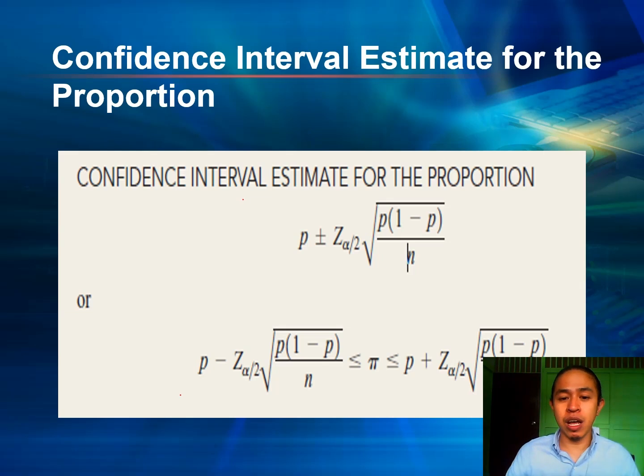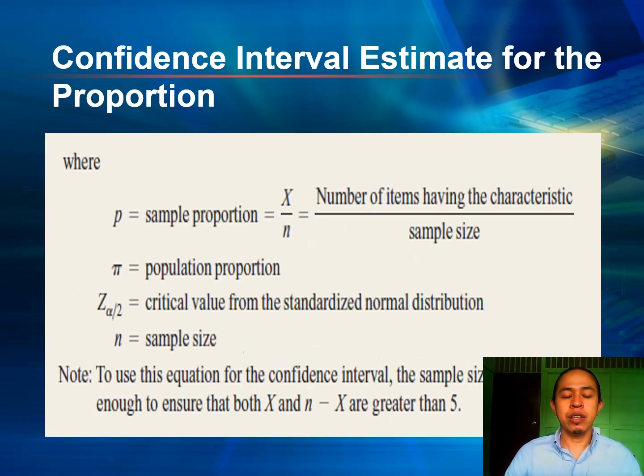Of course, we use the appropriate symbol, the sample proportion. So in that formula, the P there is the sample proportion. And if you can still remember, to solve for the sample proportion, we have x divided by n, where x is the number of items having the characteristic of interest, divided by the sample size. So do not forget that one.